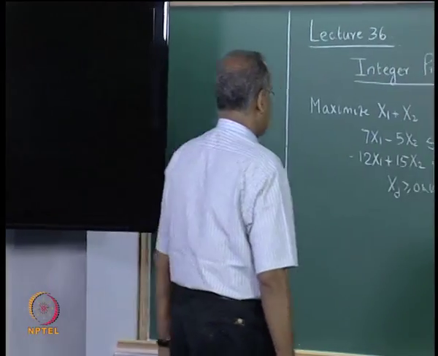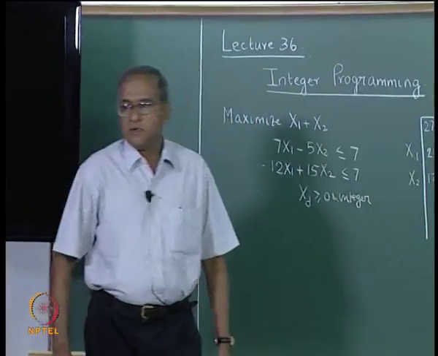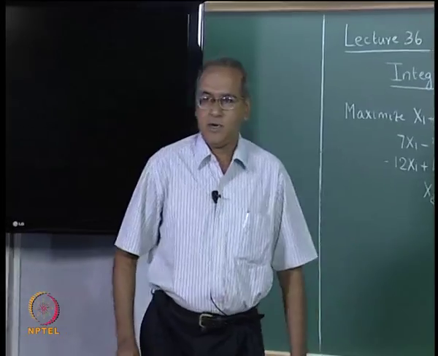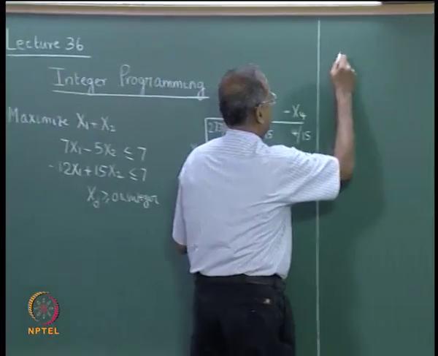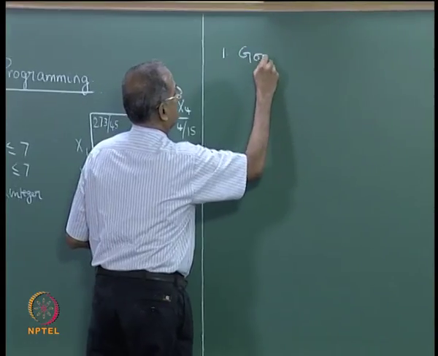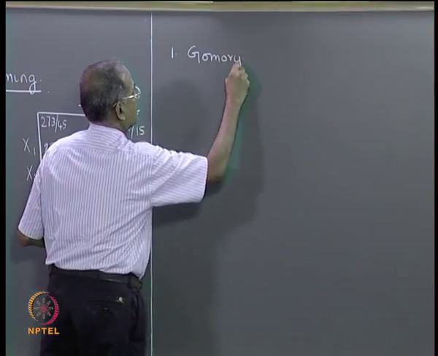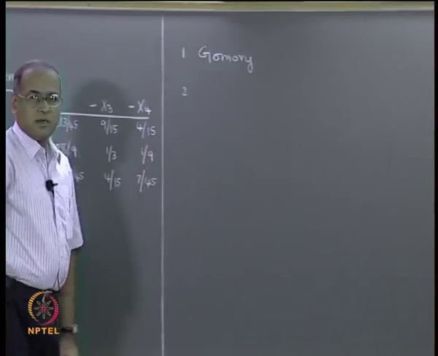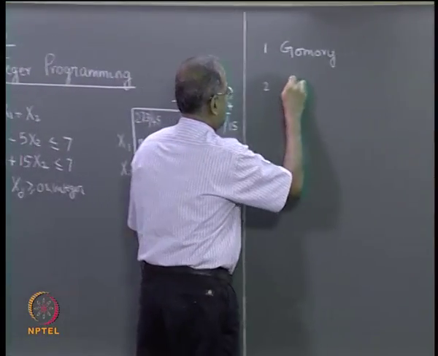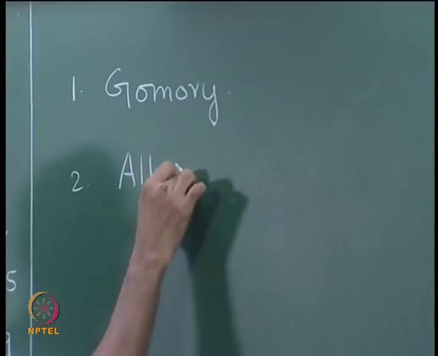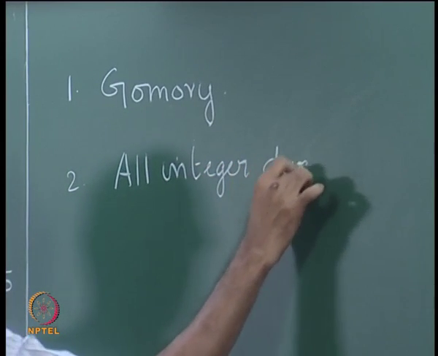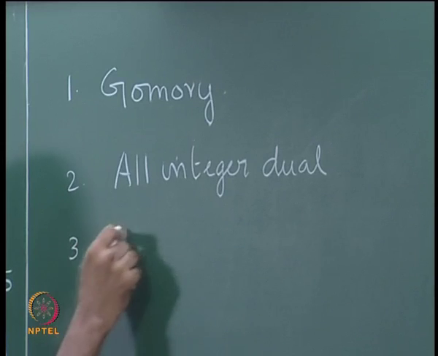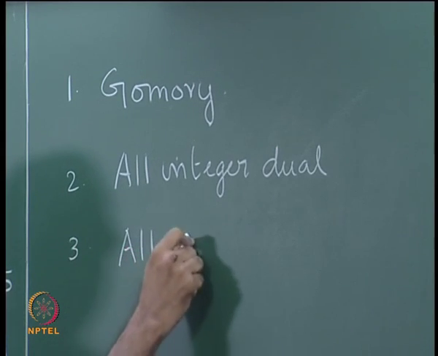In earlier lectures we had seen 3 algorithms for integer programming, and these 3 algorithms are the Gomory cutting plane algorithm, the all integer dual algorithm, and the all integer primal algorithm.